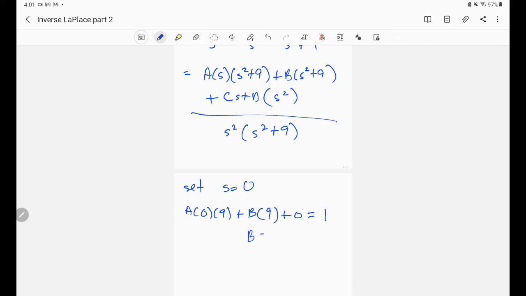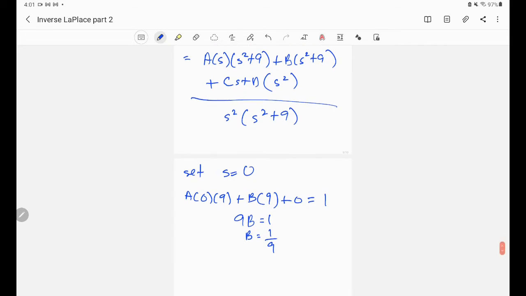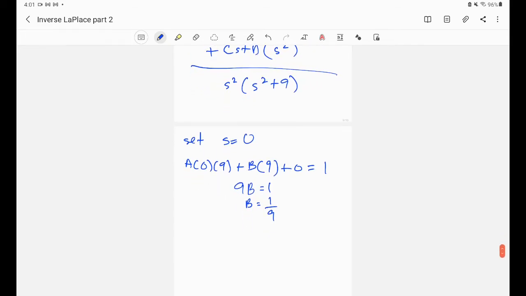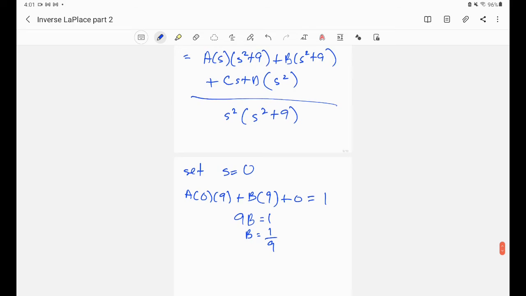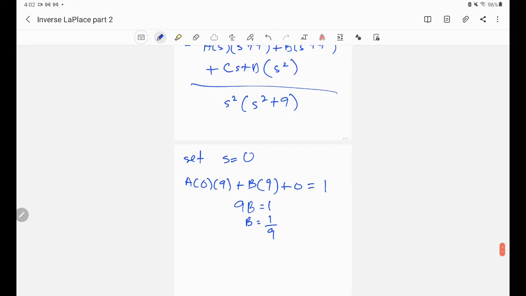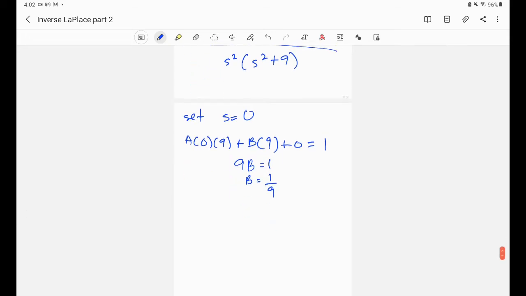So we have 9b is equal to 1, so b is equal to 1 over 9. So we only get b through this method because we cannot put negative 9 as s, because it's s squared here. So you need to do the full expansion again.